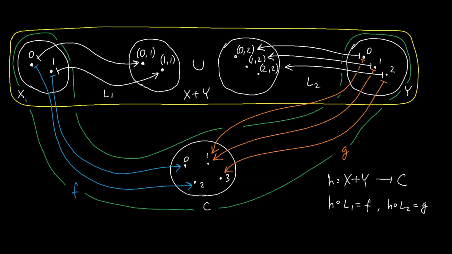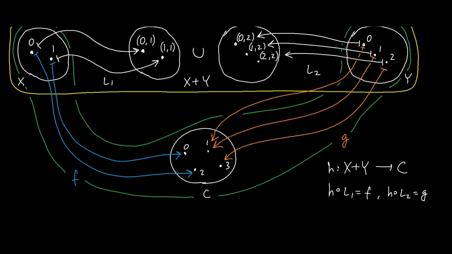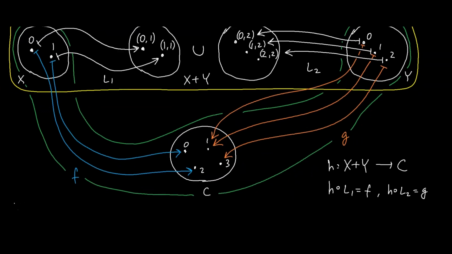Could someone suggest how you think we should define h? So what should we make, for instance, h of 0, 1 equal to, in order for h to satisfy these equalities? Any ideas?